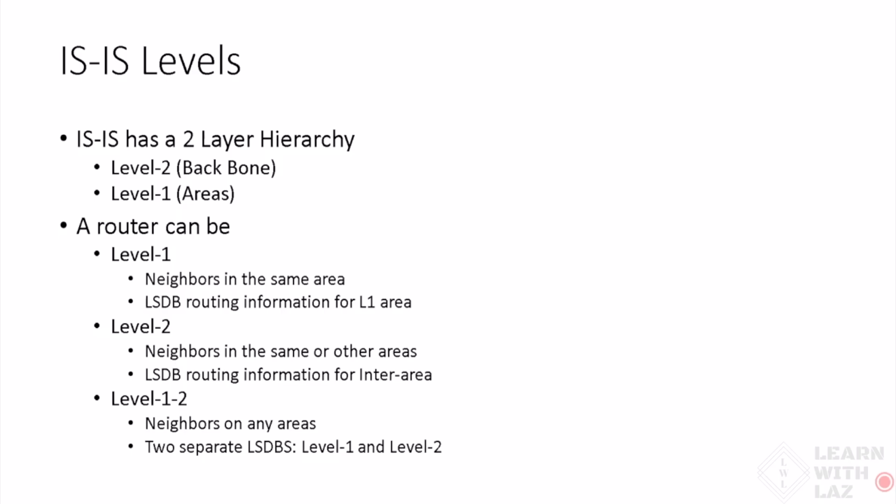All right, again, these are more like definitions. Level 2 routers form the backbone, okay, and level 1-2 can be part of many areas. All right, and if you have, let's say, a full mesh and you have level 1-2 and level 2 routers interconnected to each other, and below them you have level 1 routers, then you'll get communication across because they're talking both languages. It's not like you have to do any kind of redistribution or anything like that.